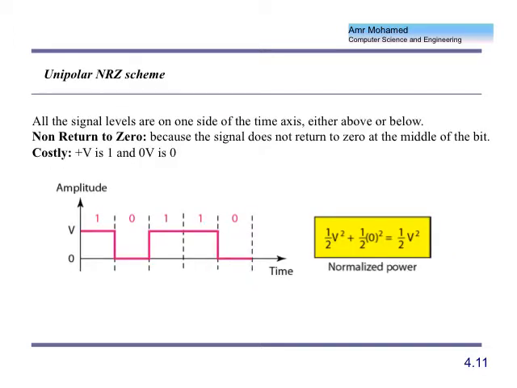So the simplest form of line coding is actually the unipolar non-return-to-zero. For that one, we have only 2 levels, and it's the simplest. We have simply the positive voltage to represent the 1, the 0 voltage to represent 0, and that's it.